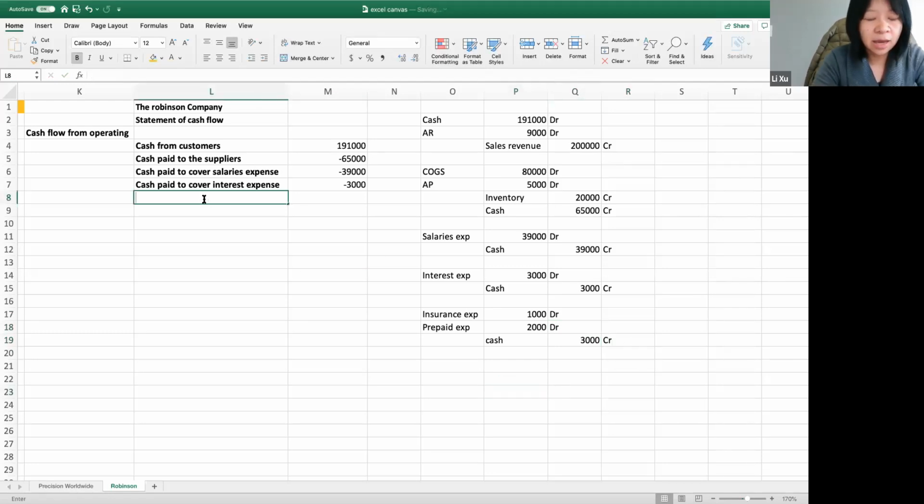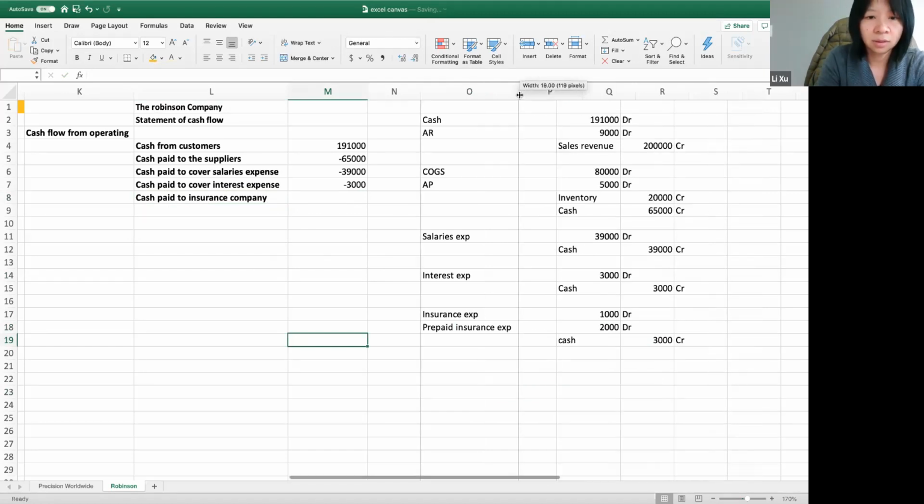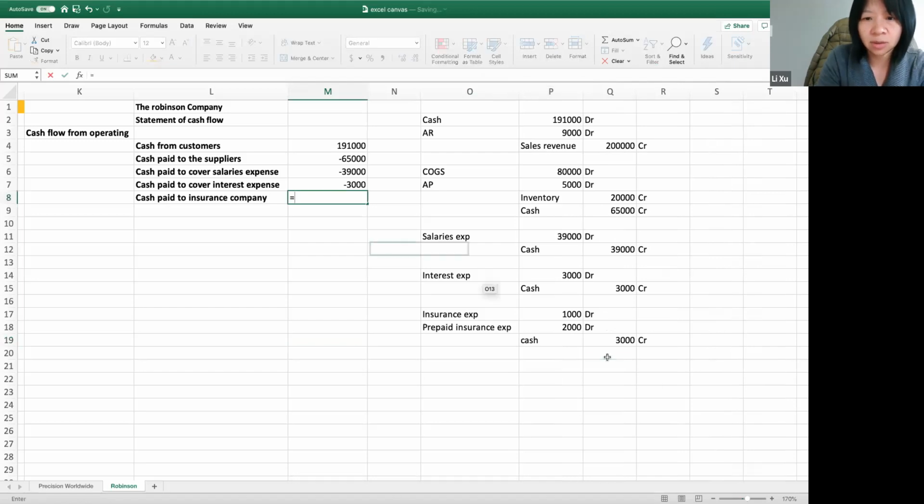Okay. Here you can just say cash paid to cover insurance, or cash paid to insurance company, because here you have not only the insurance expense, but you also paid some prepaid expenses too. Prepaid insurance expense. So that gives you 3,000.